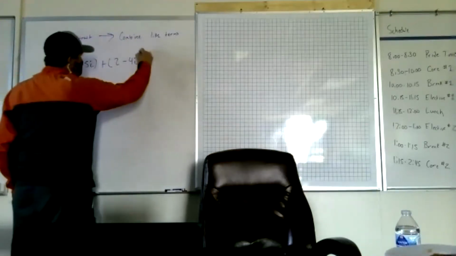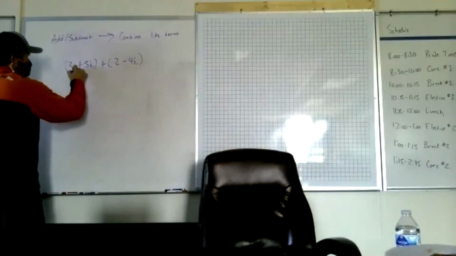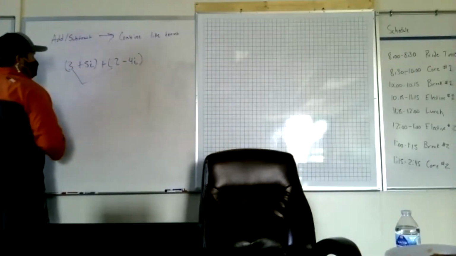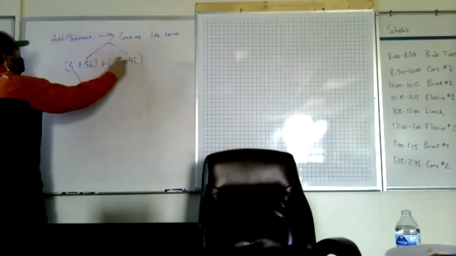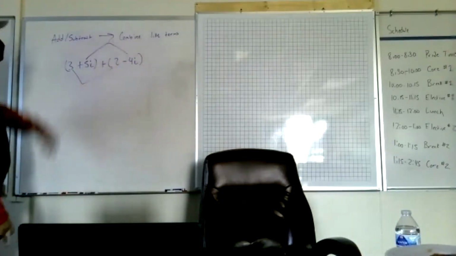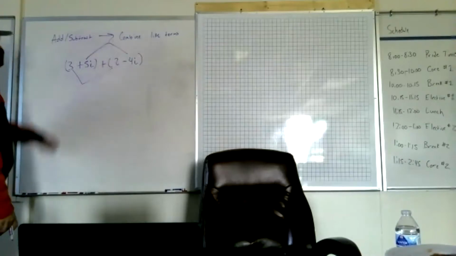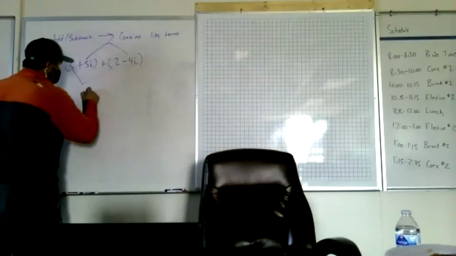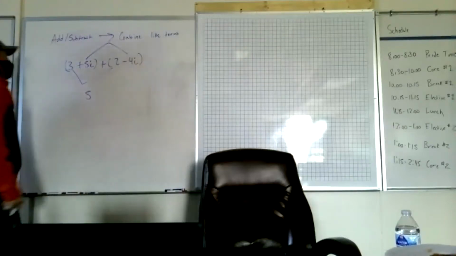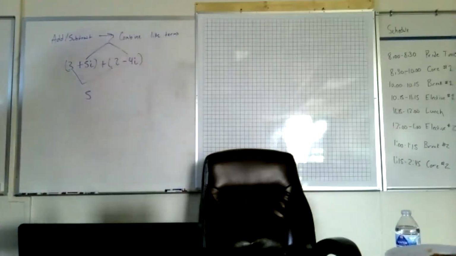Okay. So my real portions, 3 and 2 can be combined. My imaginary portions, 5 and -4 can be combined. So what's 3 plus 2? That's an easy one. 3 plus 2 is 5. That's our real portion.